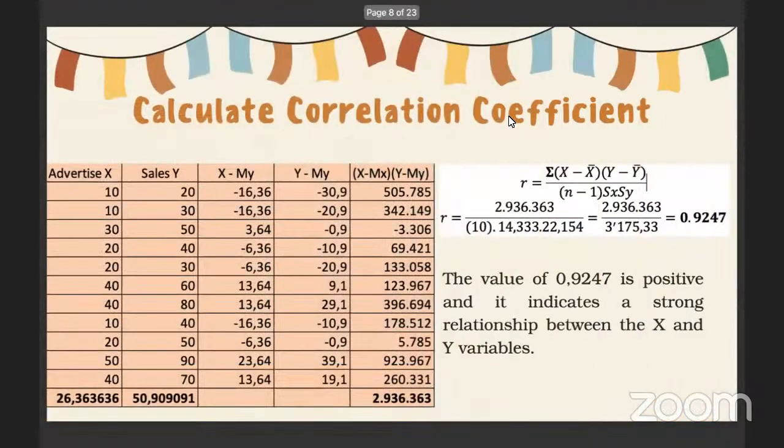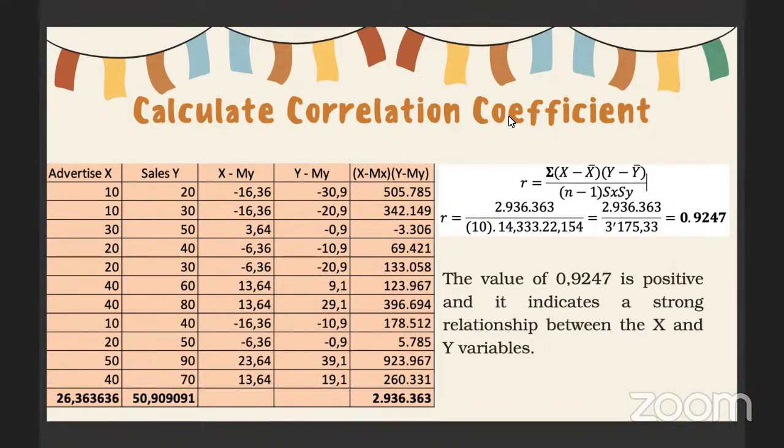Next. Now, here is the time we're going to calculate the coefficient. First, in the third column, I'm sorry, there's a typo. It should be x minus mean of x, and also y minus mean of y. So here is x minus mean of x.